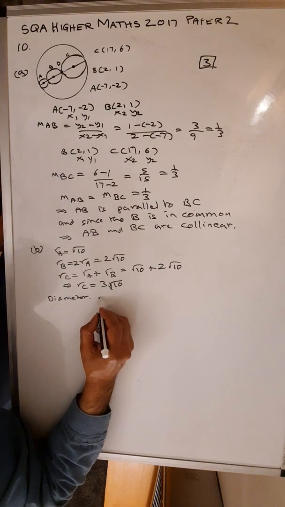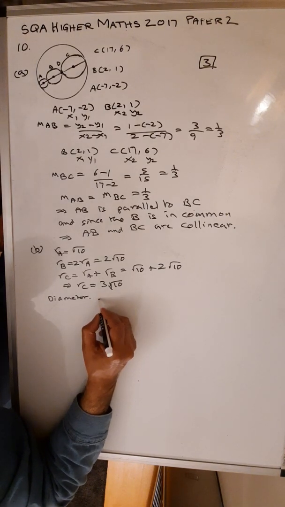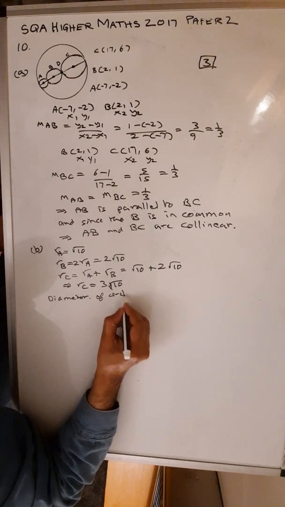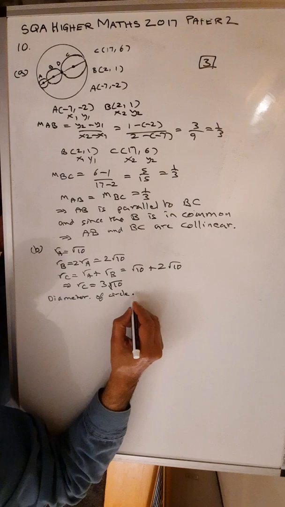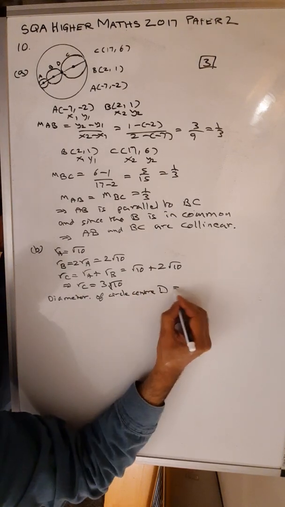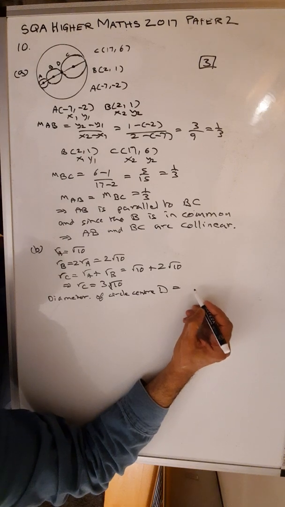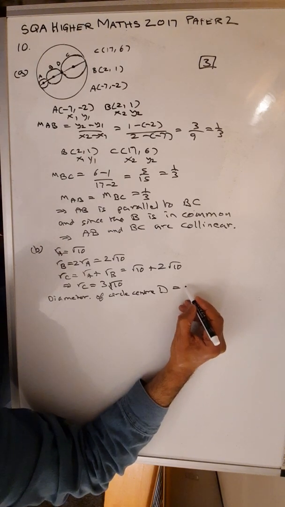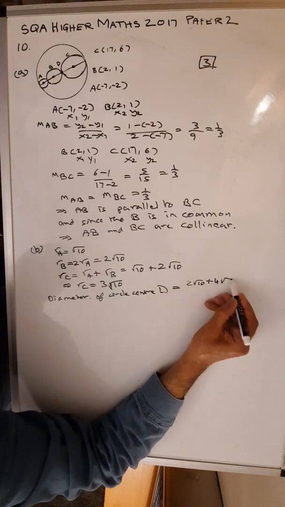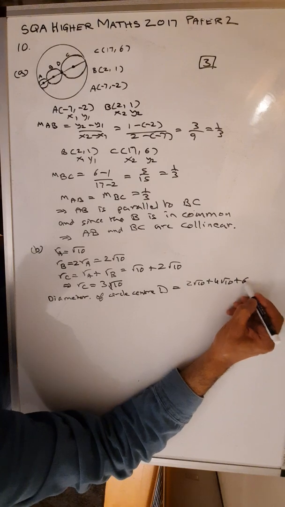So the diameter of circle D, center D, is equal to 2 root 10 plus 4 root 10 plus 6 root 10.